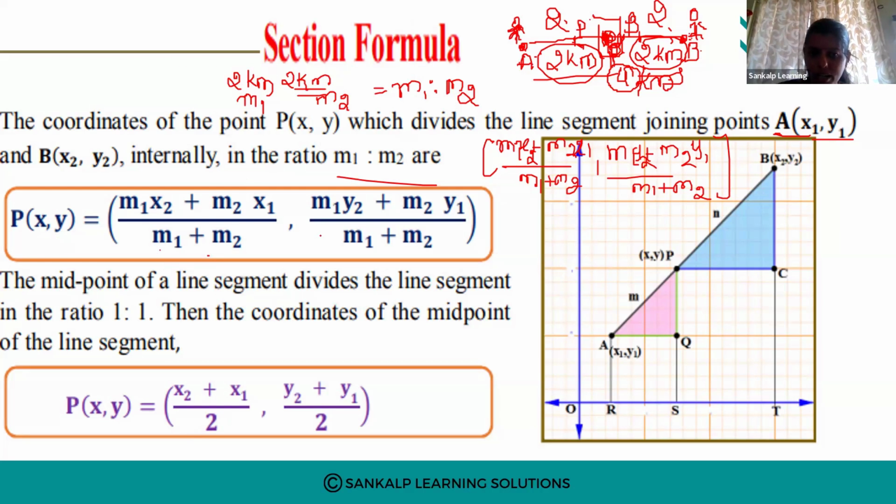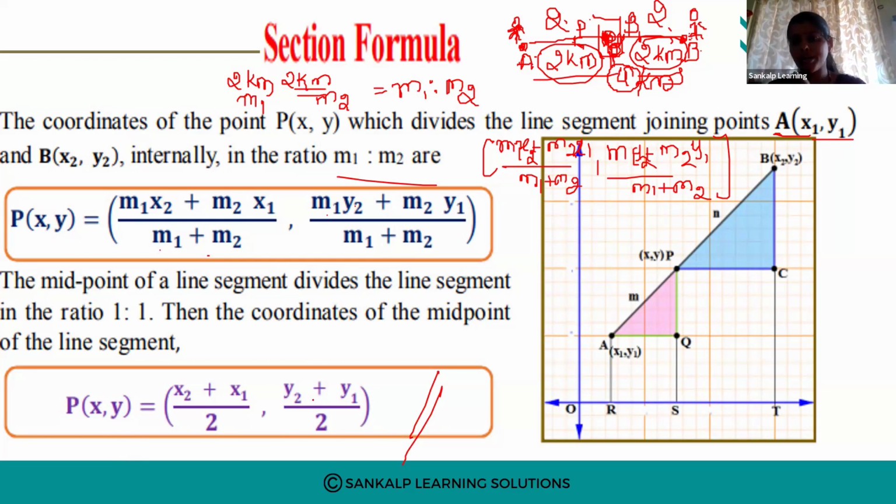Next, m1 is 1 into y2, y2 plus y1 divided by 2, 1 plus 1, that is 2, right? So you will get x2 plus x1 divided by 2 and y2 plus y1 divided by 2. This is the midpoint of the line segment which divides the line in the ratio 1 is to 1. That time you will get this formula, that is x2 plus x1 divided by 2, y2 plus y1 divided by 2.